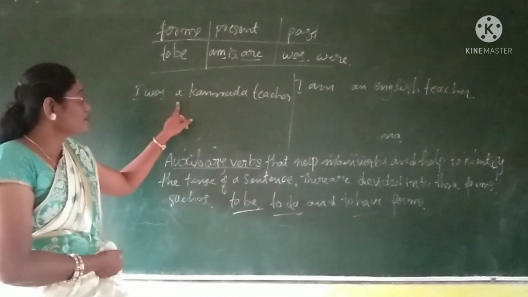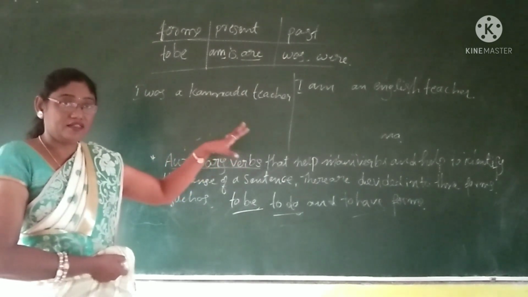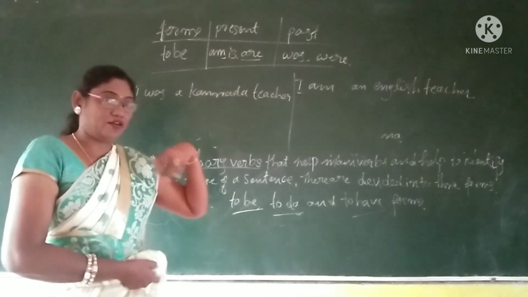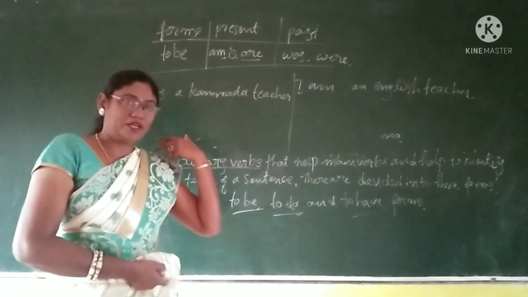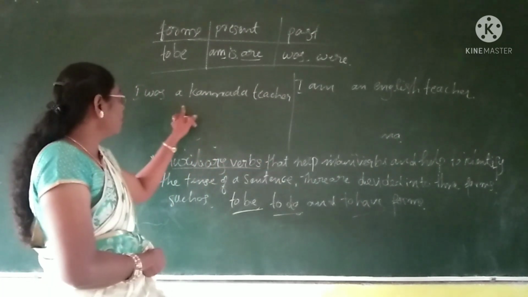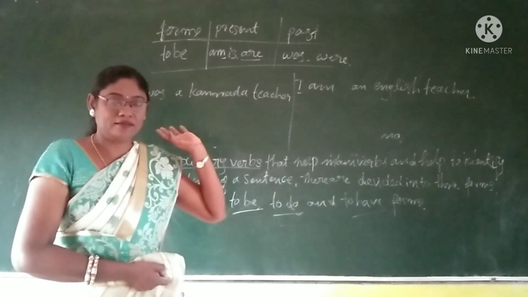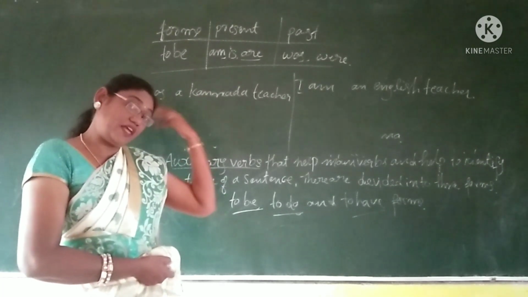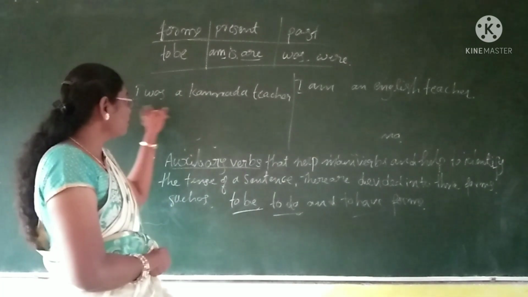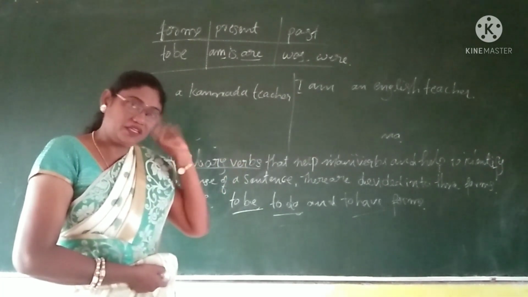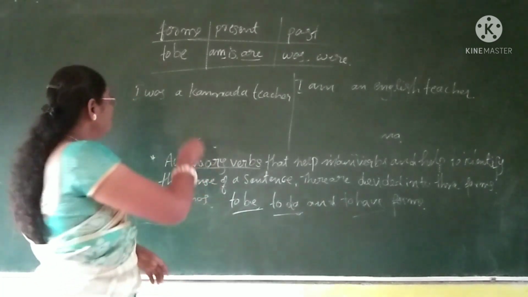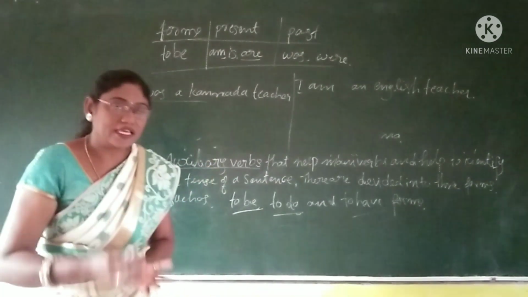Here, I was a Kannada teacher. 20 years ago or 5 years ago, or we can use some months ago, I was a Kannada teacher. I was, not now, then. I am talking about the past events, the past state of being. ನಾನು ಮೊದಲು ಕನ್ನಡ ಟೀಚರ್ ಆಗಿದ್ದೆ.